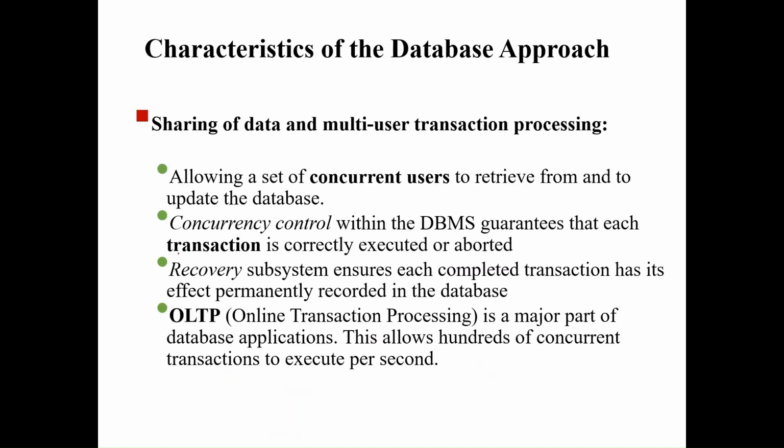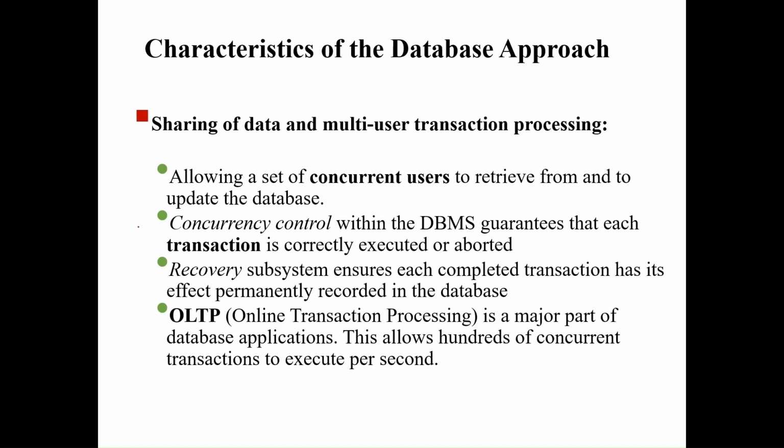Next is characteristics of databases: sharing of data and multi-user transaction processing. This allows a set of concurrent users to retrieve from and to update the database. Concurrency control in the database management system guarantees that each transaction is correctly executed or aborted. Abort means when there is a failure in between.